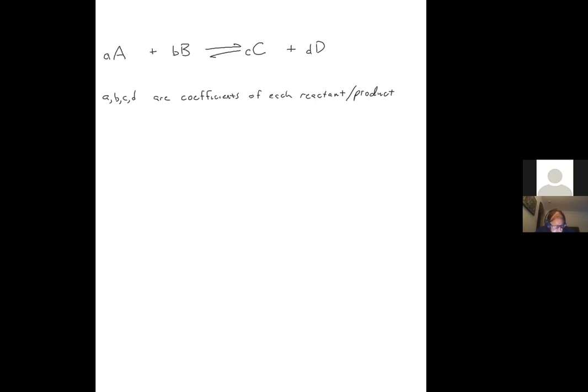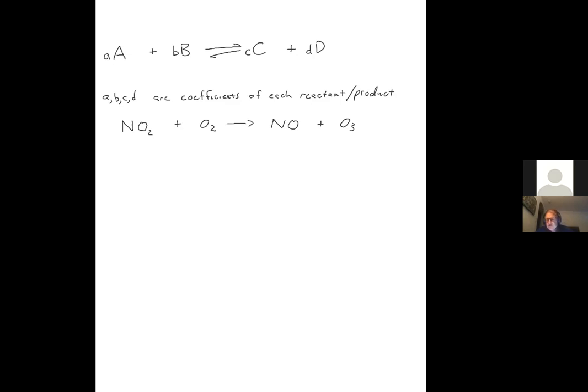Okay. So here's an example. It could be, for example, NO2 plus O2 goes to NO plus O3. Okay.